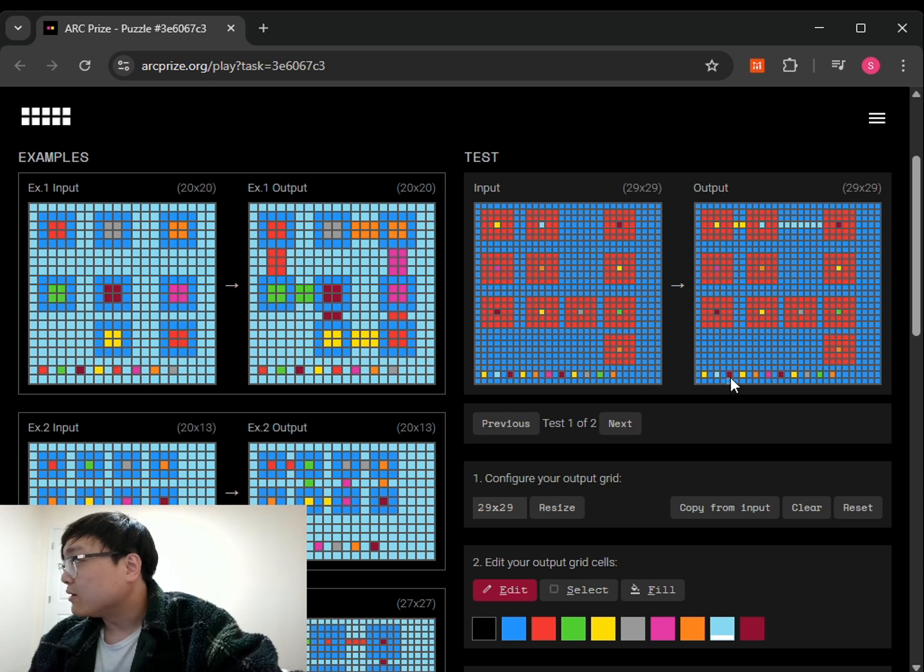Okay, let's see what dark brown connects to. It connects to yellow. And then yellow connects to orange. Ooh, hold on. Are we messing up? Okay. And then yellow.